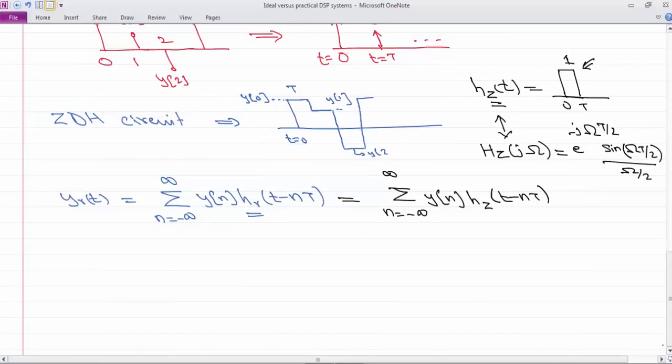So the point of this discussion is that this zero order hold circuit can effectively be thought of as a reconstruction filter.